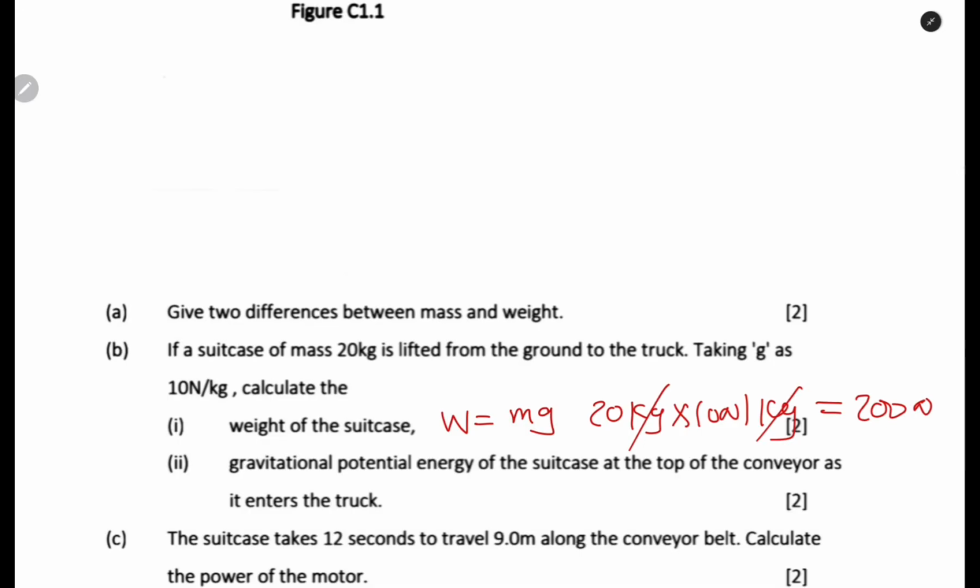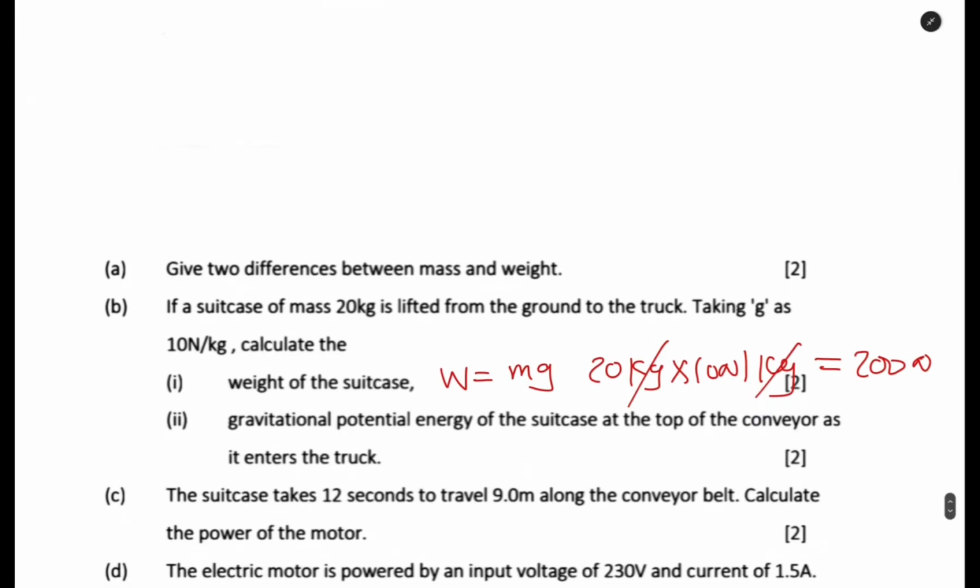Then the second question is the gravitational potential energy of the suitcase at the top of the conveyor belt. So gravitational potential energy is equal to mass times gravity times height. The mass is 20 kg multiplied by the gravity, 10 Newton per kg. So it's just the same as weight multiplied by height.